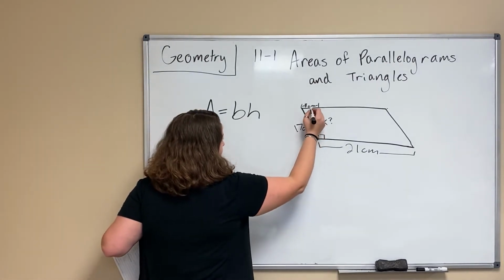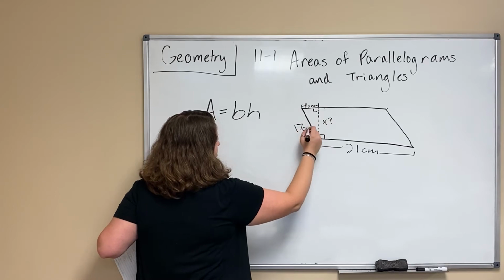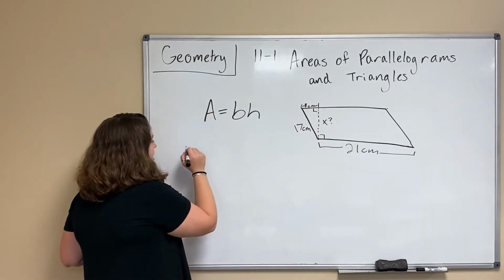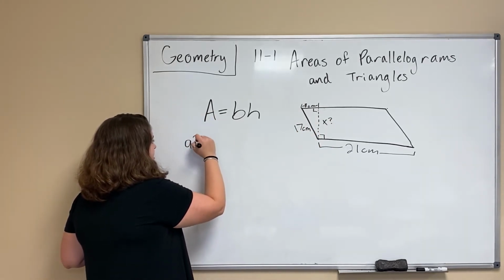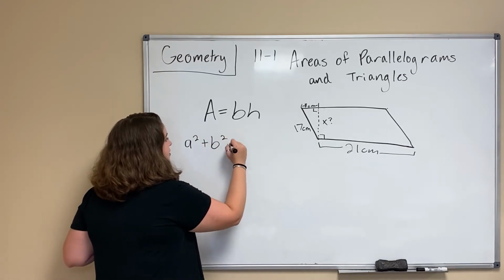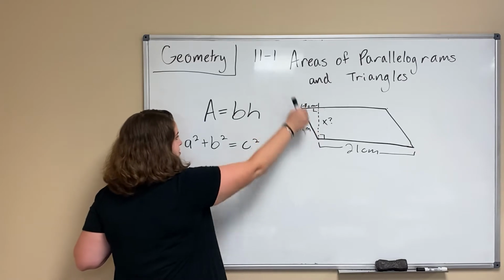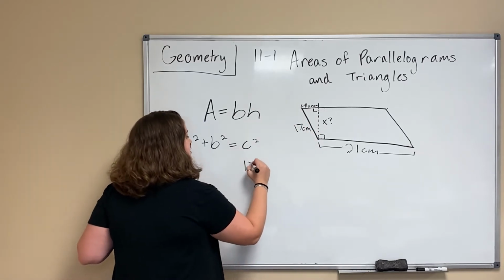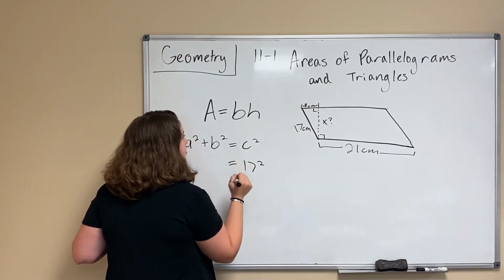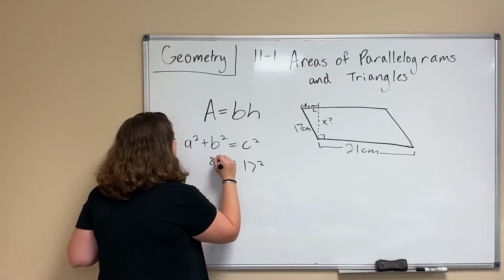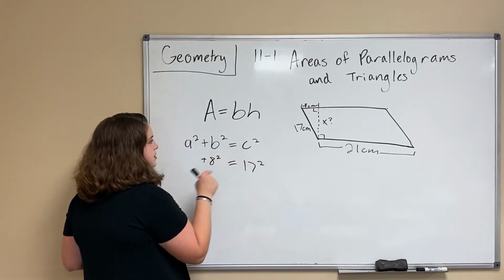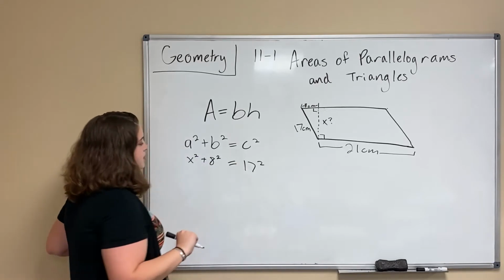So we have a short side, we're missing a short side, and we have the hypotenuse. So remember, our Pythagorean theorem is a squared plus b squared equals c squared. C is the hypotenuse, the longest side. So I'm going to put 17 squared equals b squared, so 8, plus x squared, the number that we don't know.